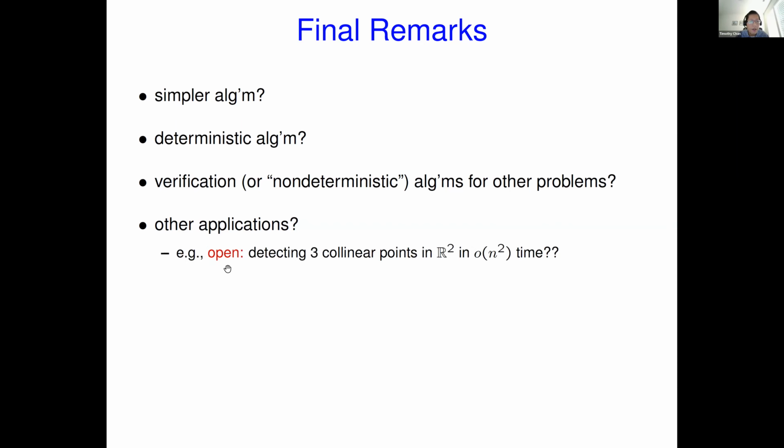So there's a well-known major open problem of trying to determine whether there exist collinear triples, affine degeneracy testing in 2D, whether that problem can be solved in less than n squared time, or less than n squared decision tree complexity.